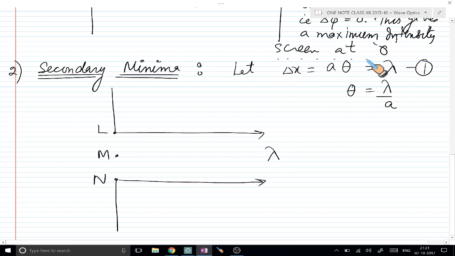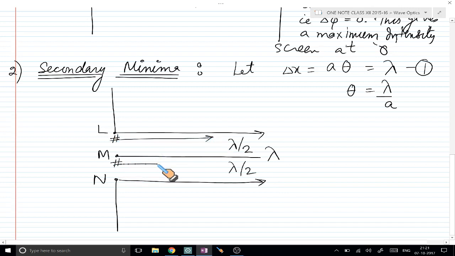The wavelets from L and M have a path difference of lambda by 2. The wavelets from M and N have a path difference of lambda by 2. These wavelets, this hash and this hash, have a path difference of lambda by 2. This star and this star have a path difference of lambda by 2.